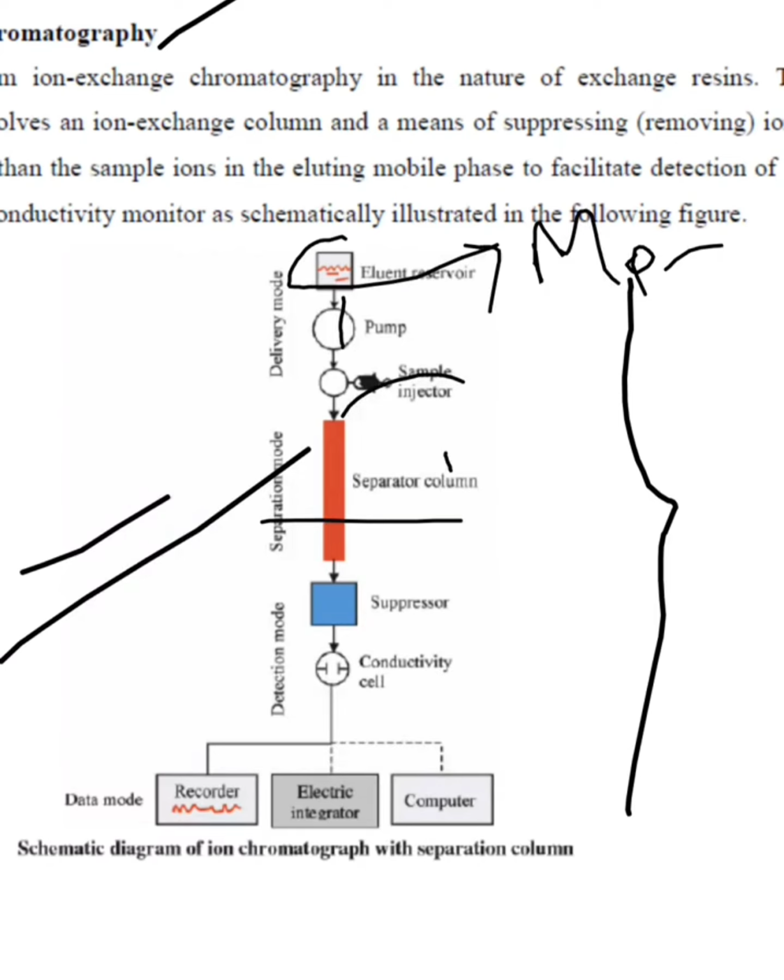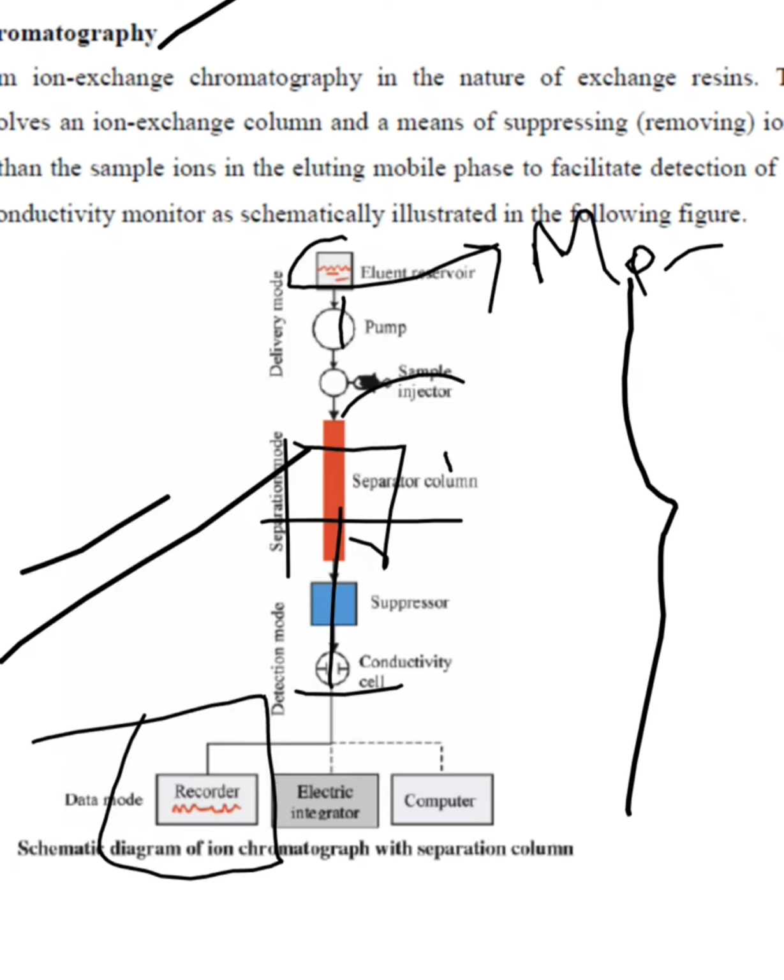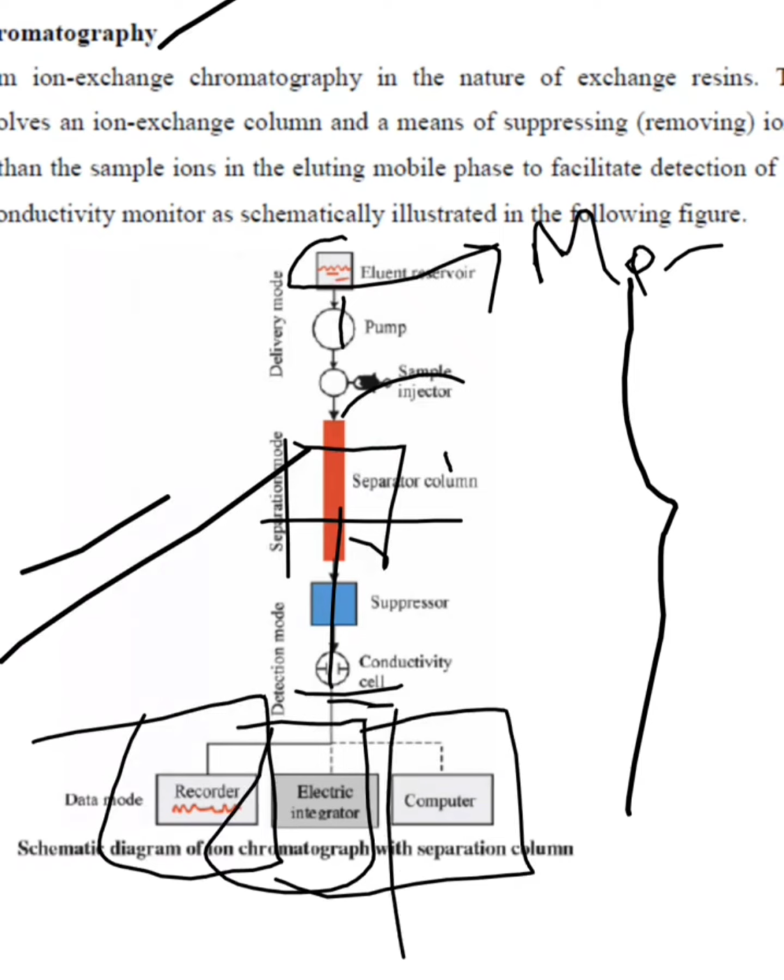Further separation takes place in the column, and the different eluents are collected in the conductivity cell, and the chromatogram is recorded. Same principle, but we use different mobile and stationary phases, and we will get the chromatogram of the concentrations of the separated molecules.